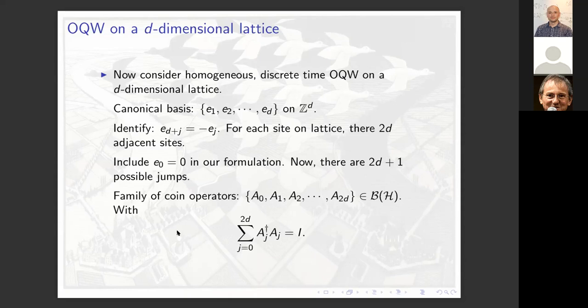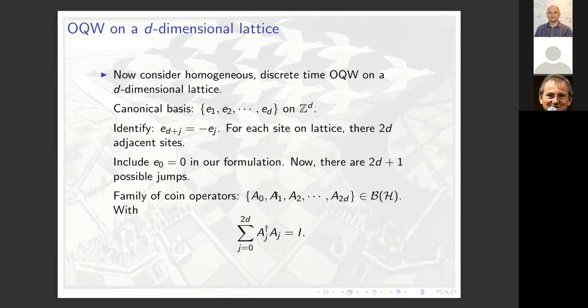We also have the coin operators that we want to define. So this is now given by these A's, right? So the B's in the general formalism that I described a few slides ago, those B's become these A operators, right? And basically what I mean by this term homogeneous, in my understanding, is that if the walker wants to go in the positive direction indicated by E1, so along that axis, no matter where the walker is on the graph, you're always going to use this A1 operator, right?